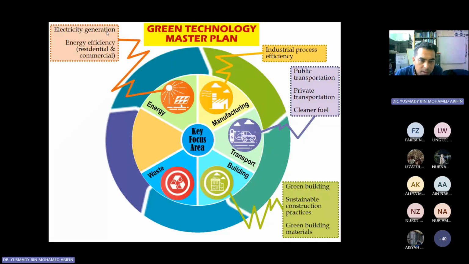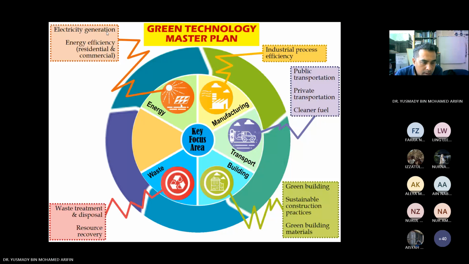Number 5, waste management. Involved with waste treatment and also disposal, including the industry, the commercial sector, and so on. Resource recovery, reuse again. For example, the heat that released from the industry in order to generate electricity and so on.